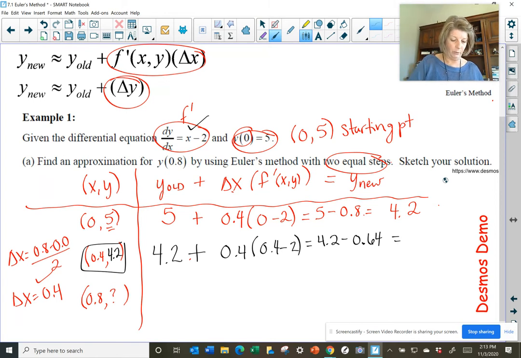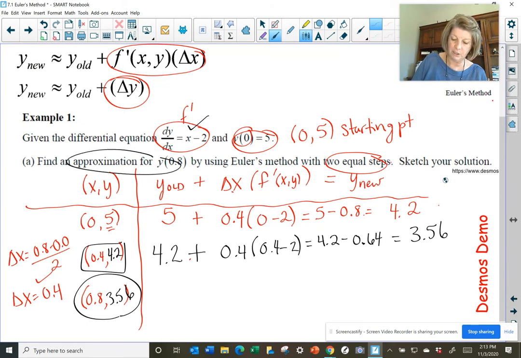And that is 4.2 take away the 0.64, which gets me 3.56. There's my new y value. New y value goes right here, 3.56. I don't have to do any more calculations because when x is 0.8, my approximation for y is 3.56.